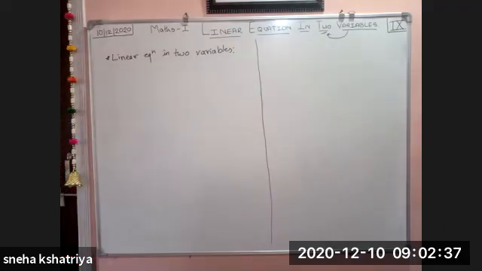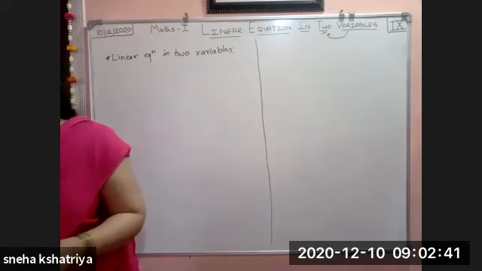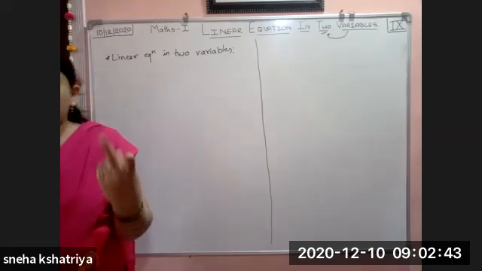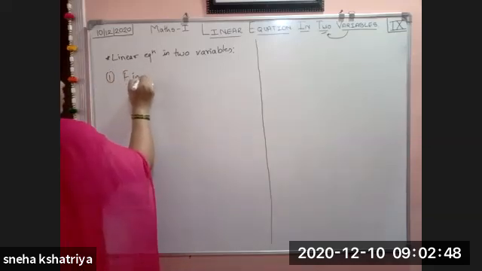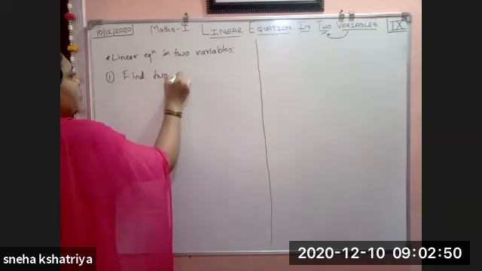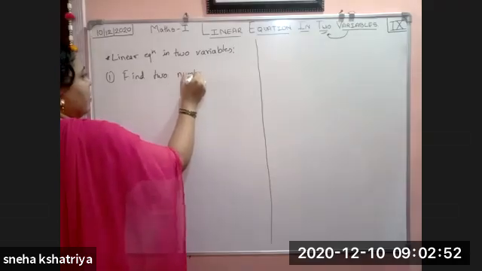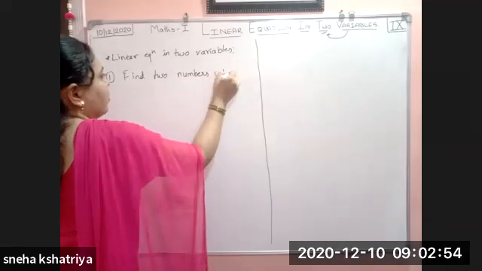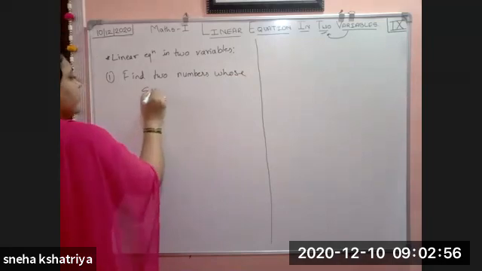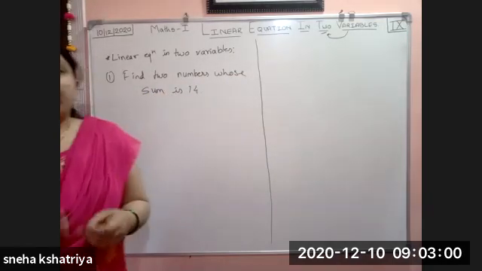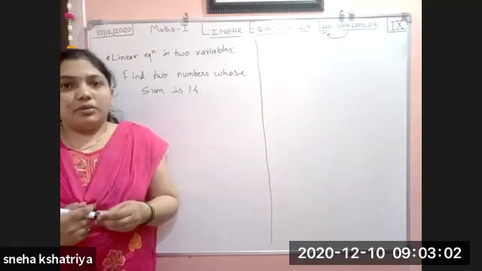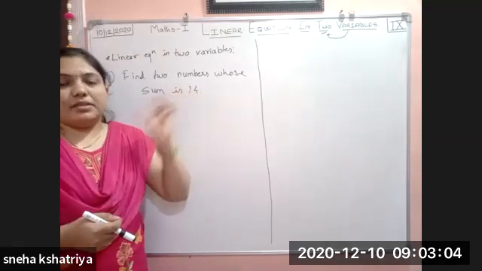So here, in the textbook it is given: find two numbers whose sum is 14. Okay, they have told us to find two numbers whose sum is how much?